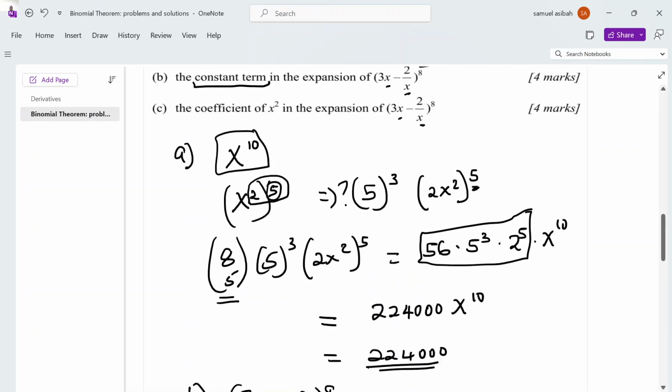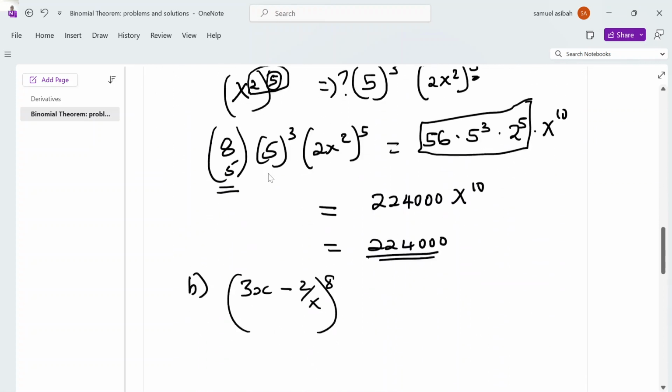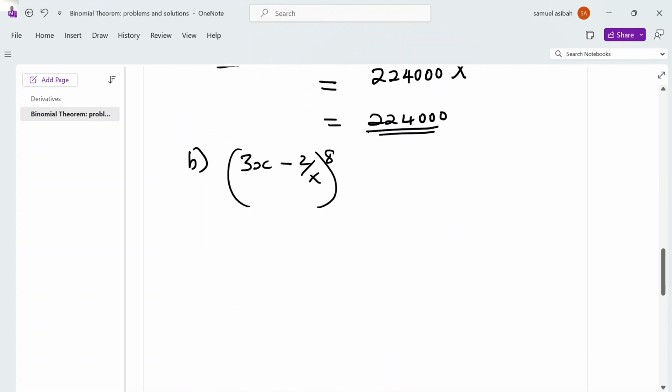I want the student to look at it this way. Up to what term shall we have a constant? The expansion of 3x raised to n, you multiply by the other one, negative 2 over x, raised to the remaining power, because the two must add up to 8, so 8 minus n.